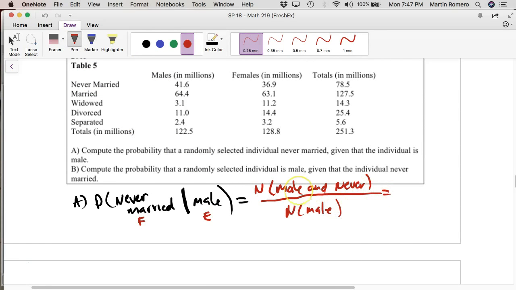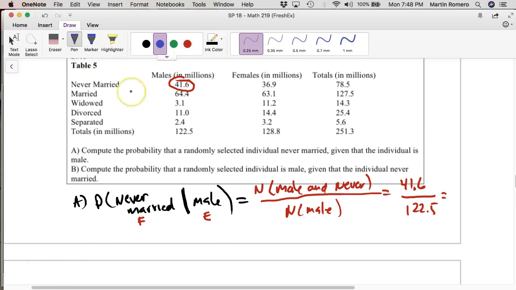And so we just count that up. So how many are male and never married? Male and never married is 41.6, divided by the number of male. Never married, given that you're male, the number of male is 122.5. And so then that's your probability by counting that up.